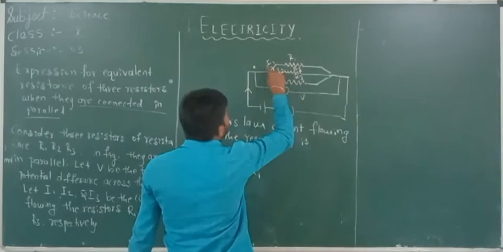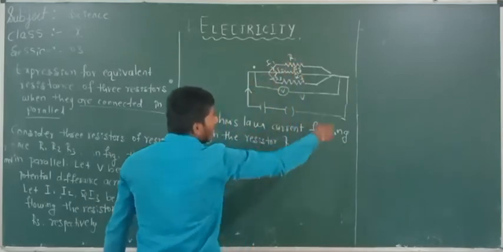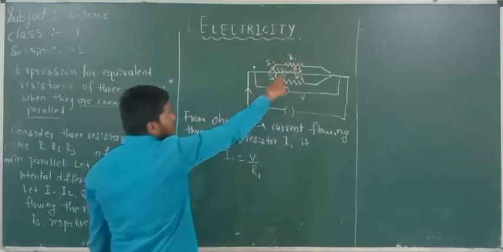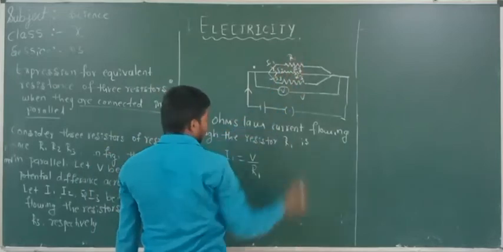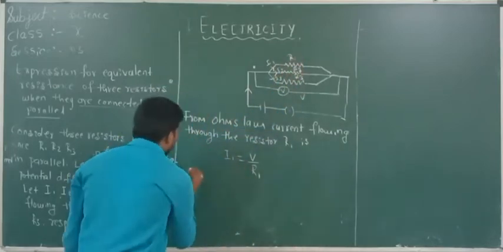V is the total potential difference across the circuit, and R1 is the resistance. I1 is equal to V by R1.